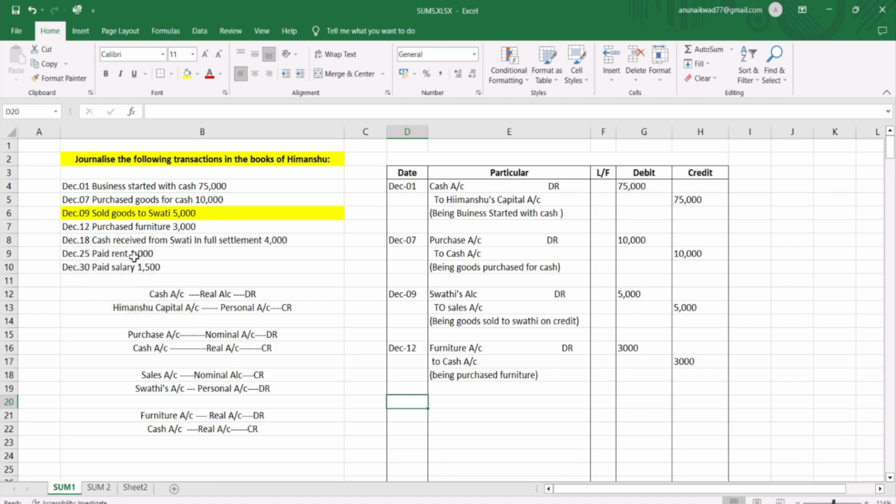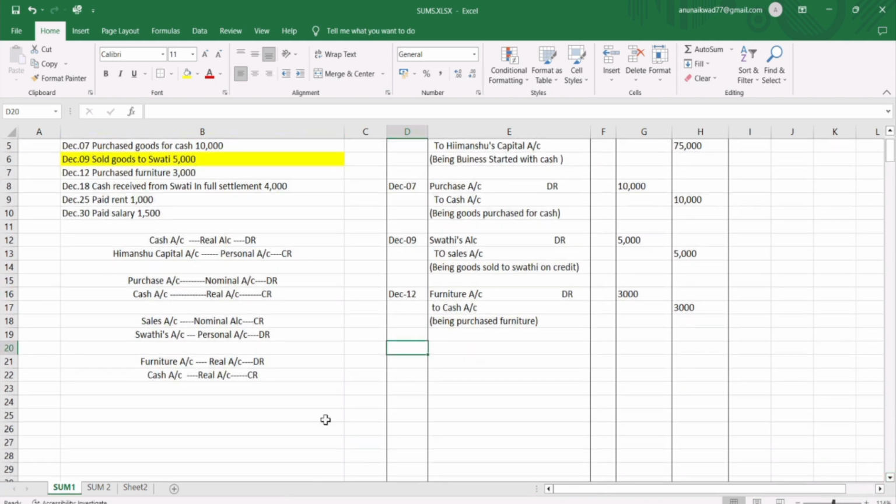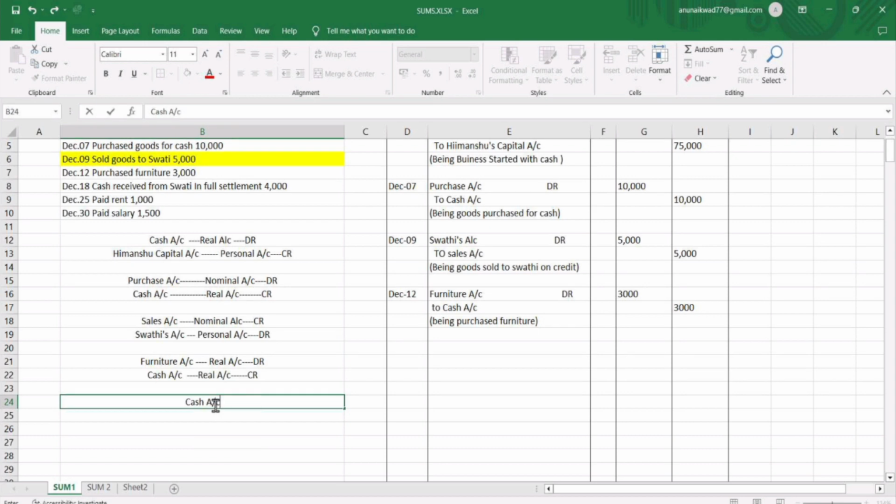Next, 18th December, cash received from Swati in full settlement 4,000. So here we are receiving cash, so cash account. We are receiving from Swati, so Swati's account.